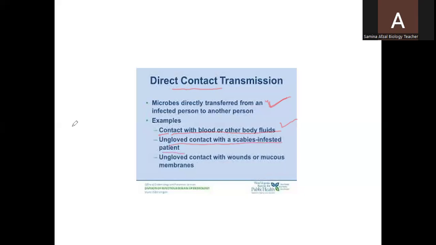So if you are dealing with a person who has an infection without gloves, it can cause the infection. Ungloved contact with wounds or mucous membranes. So all these are the different methods of direct contact transmission.